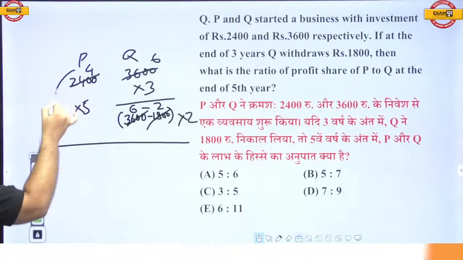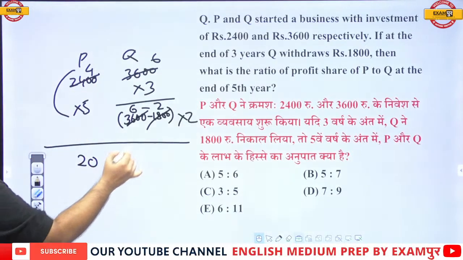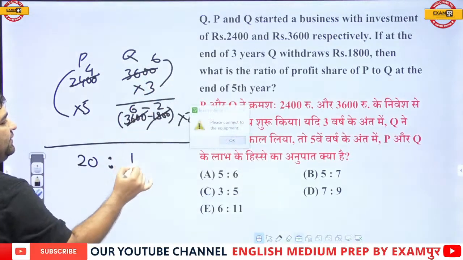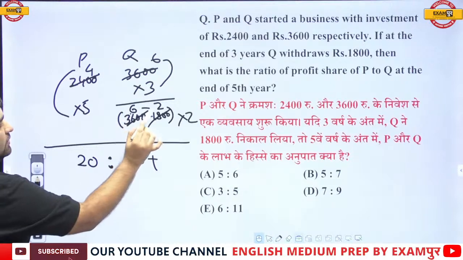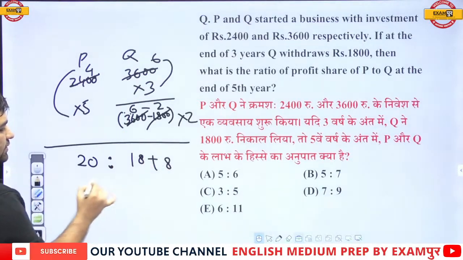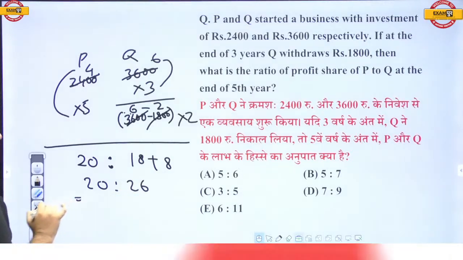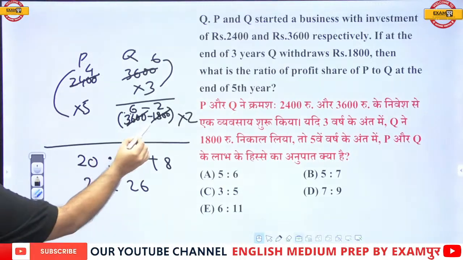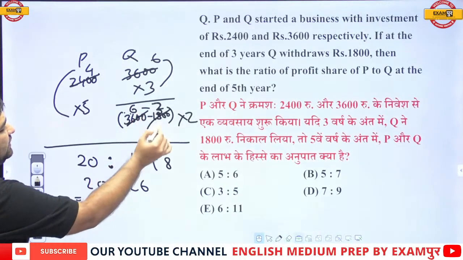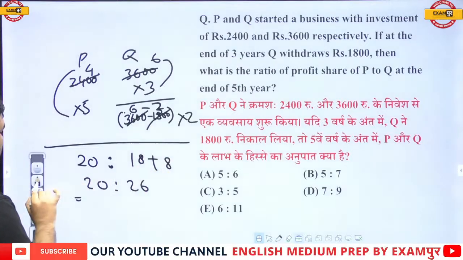So investment of P is 4 5 times, 20. Investment of Q is 6 3 times, 18, plus 4 minus 2, 8. So 26, which comes out to be 6 3 times, 18, 3. So 3 into 2 is 6.